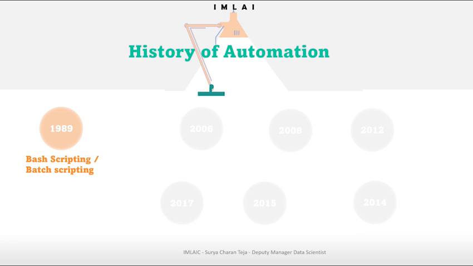That was the time of operating system related automation. Bash scripting was majorly used for Linux task automation, and batch, that's B-A-T-C-H, batch scripting was for Windows. So bash scripting we have used in our module 2.